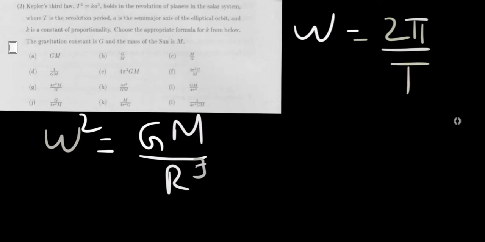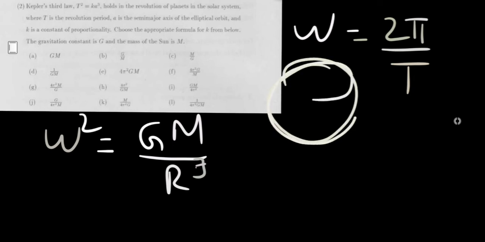So what you need to remember also is that omega, the angular velocity, is equal to 2 pi divided by the time, the period. So omega is the velocity for it to make a full loop. So a full loop is 2 pi, which is the loop, divided by the time that it takes.